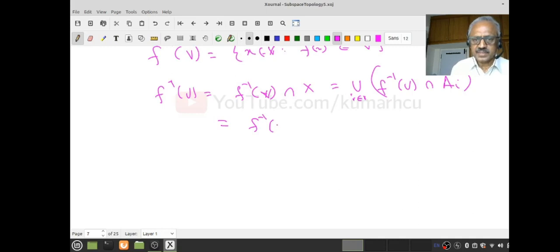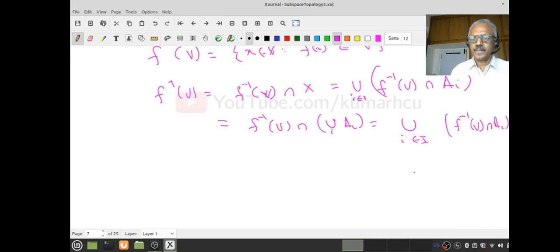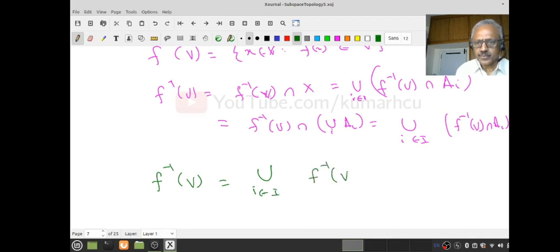We had already seen such things, so don't ask me to explain. This is the same as the union over i in I of f inverse of B intersection Ai. Therefore, let me rewrite: f inverse of B is the union over i in I of f inverse of B intersection Ai.